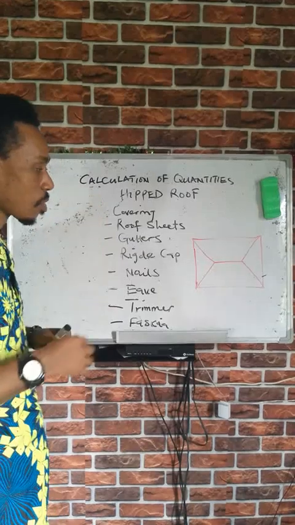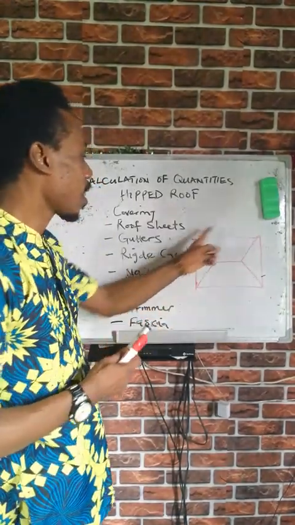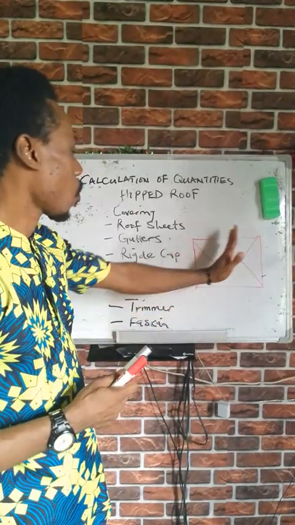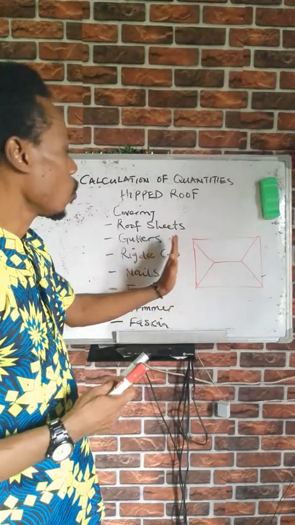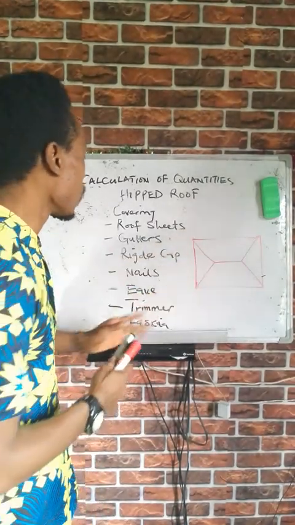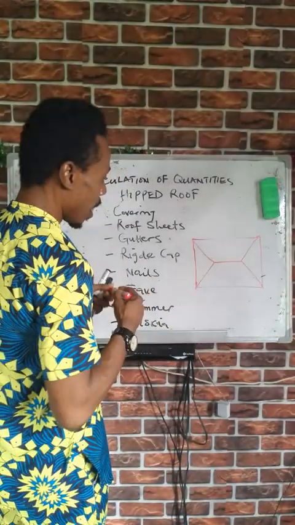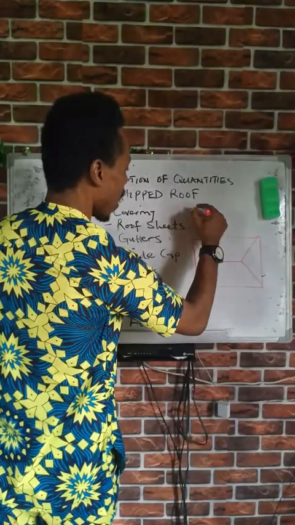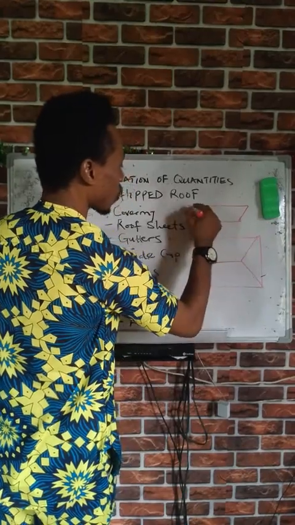Like I said in the previous video, you use your scale rule to scale this roof plan, especially the one in the architectural drawing. When you scale it, you can extract the area.